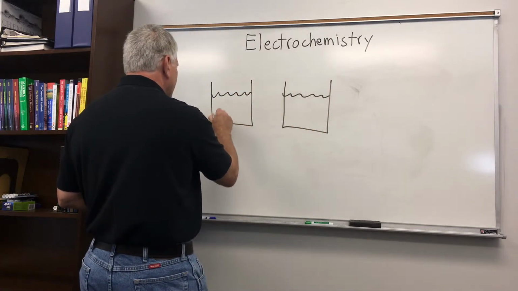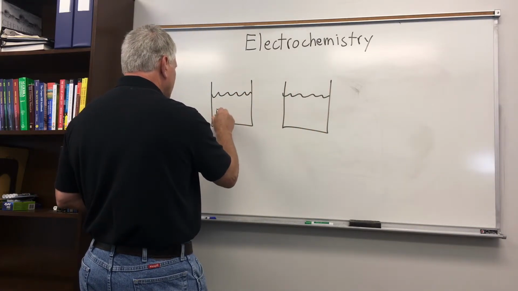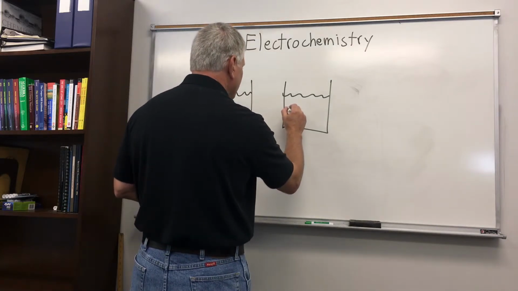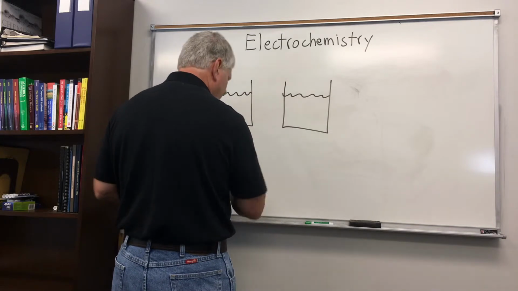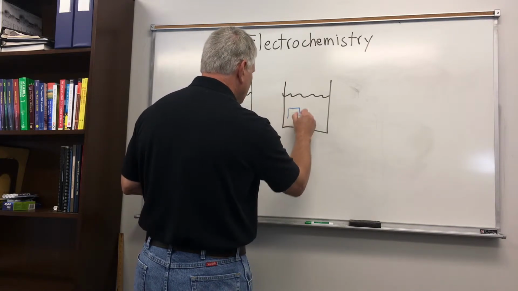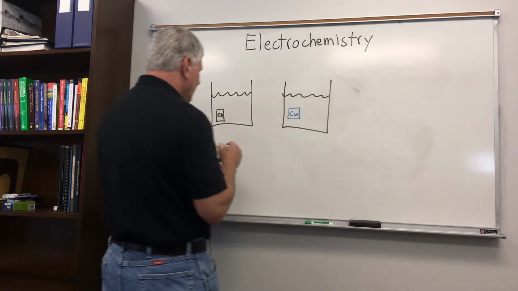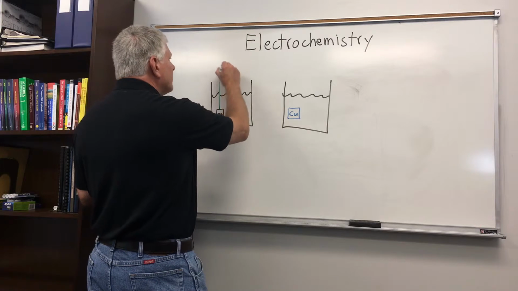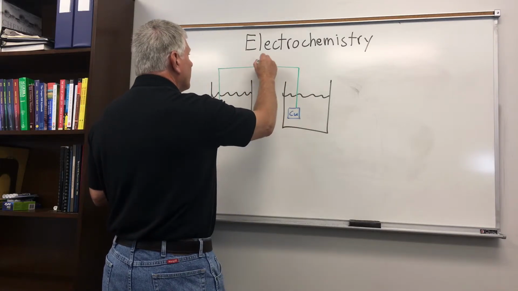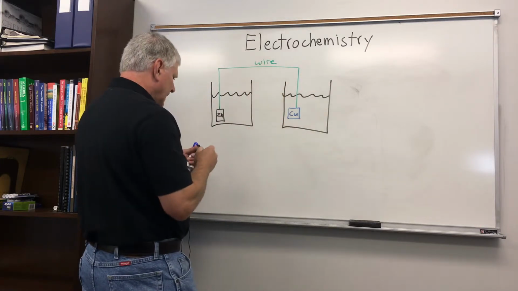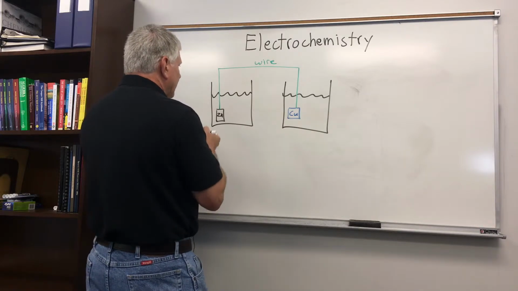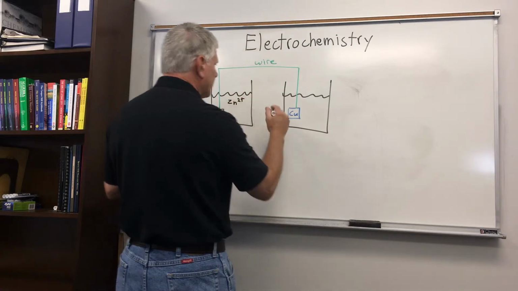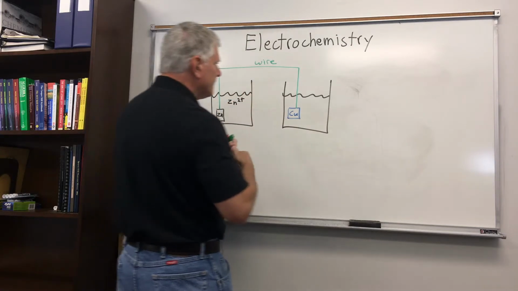And say we have a zinc solid and we have copper solid. And we're going to connect these 2 solids by a wire. And we'll have zinc 2+ in solution and copper 2+ in solution.